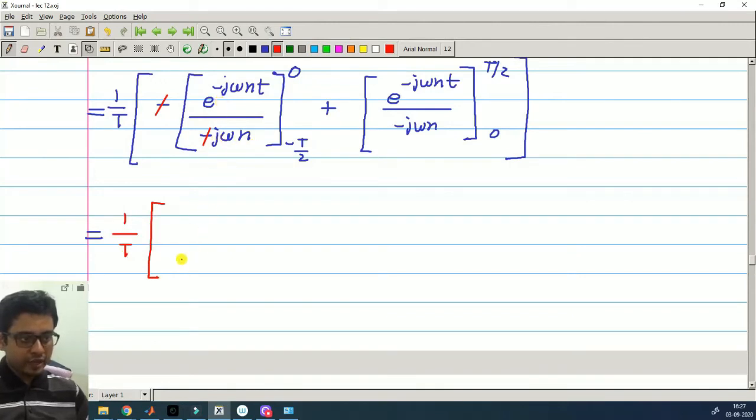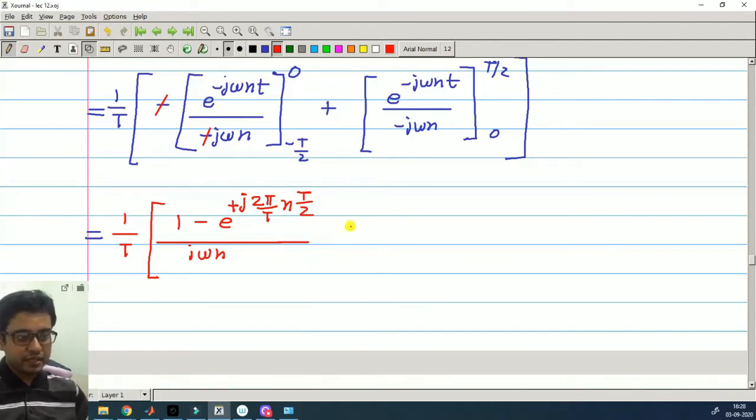Then j omega n, 1 over j omega n, and then e to the power 0 is 1, and minus e to the power minus j. In place of omega I will put 2 pi by T, n, and t will be minus T by 2, so make it plus.